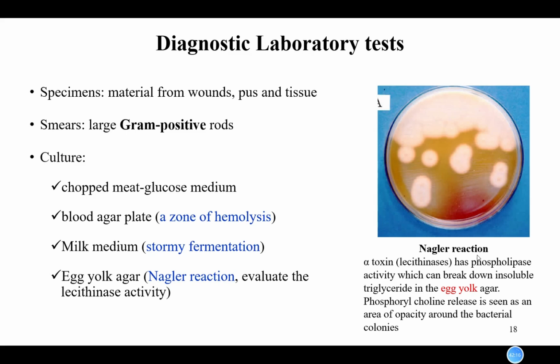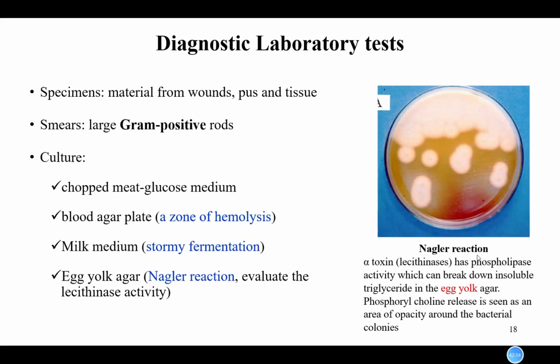This relies on the Nagler reaction. So this is the egg yolk agar. Basically you add egg yolk to the agar. When it's solidified, you culture the bacteria on the surface.